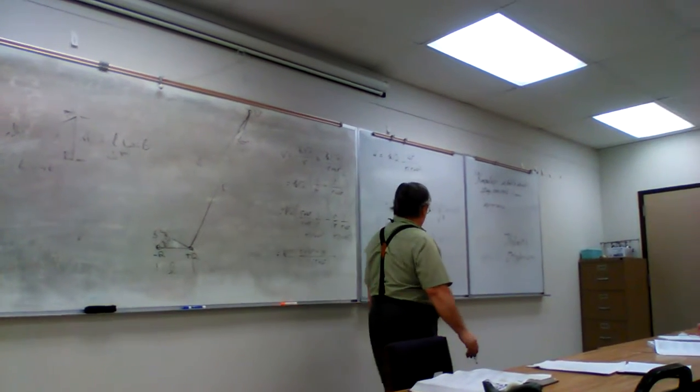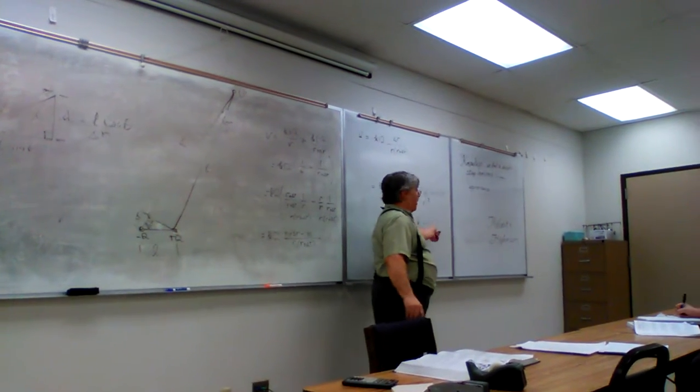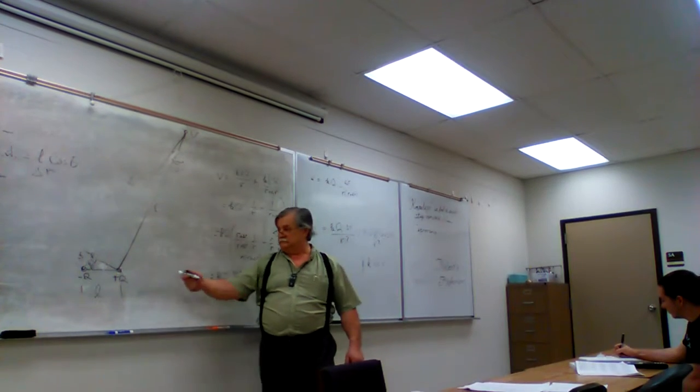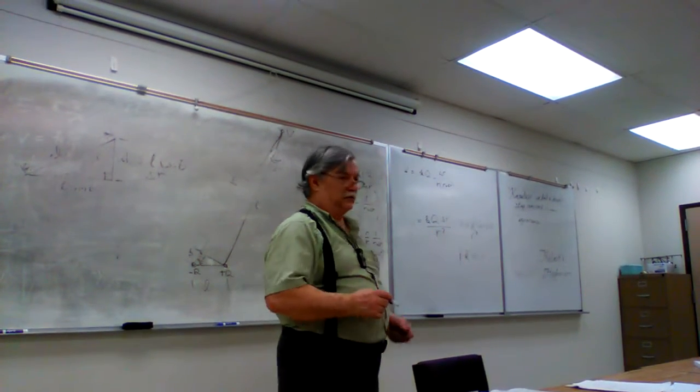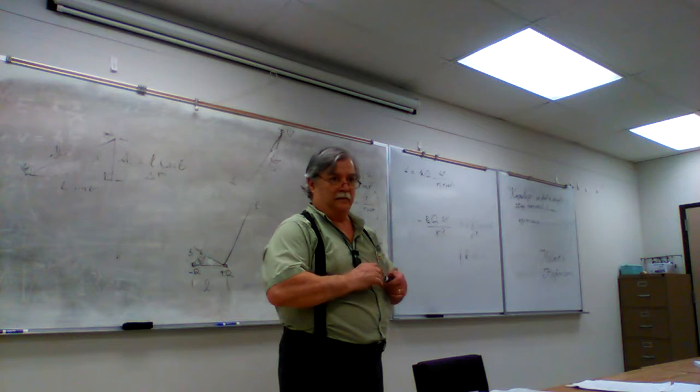When that number L is a lot smaller than R, then you can use that as the approximation of the potential due to a dipole.